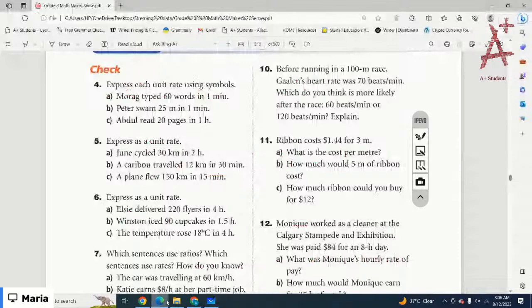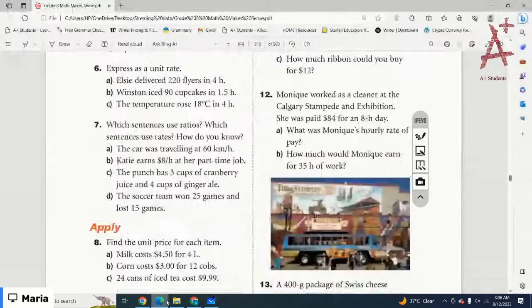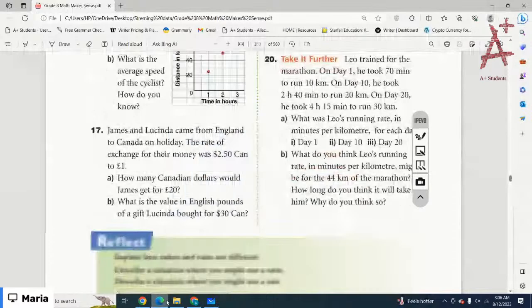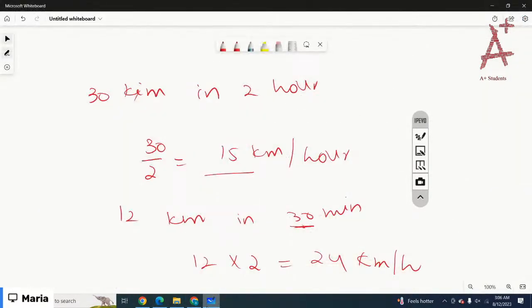Let's start with question number 6. Express as a unit rate. Alice delivered 220 flyers in 4 hours. You have to calculate the unit rate, right?